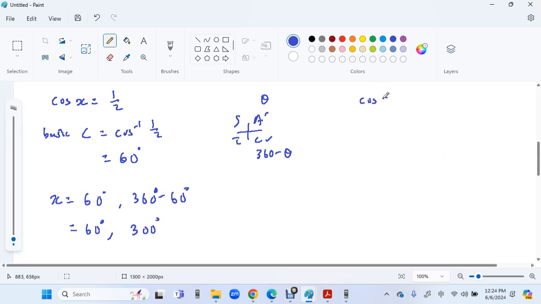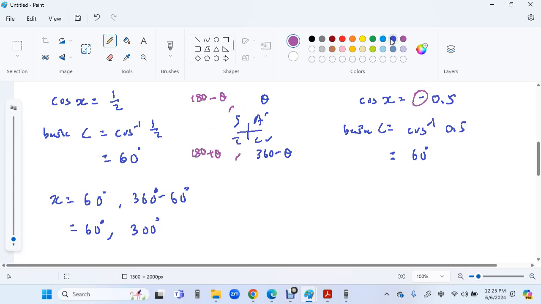But if we have cos x equal to -0.5, then the basic angle will be arc cos of 0.5, which is 60 degrees also. But for negative, it will be the second and the third quadrant, so this is 180 minus and this is 180 plus.